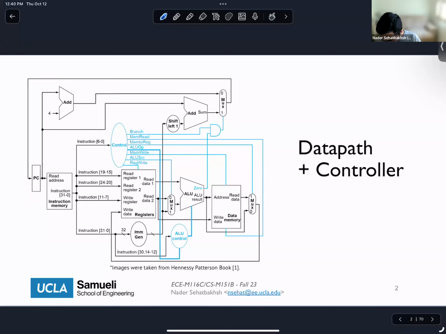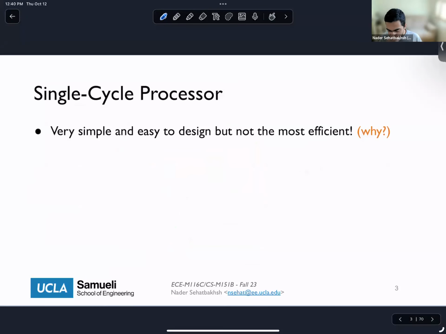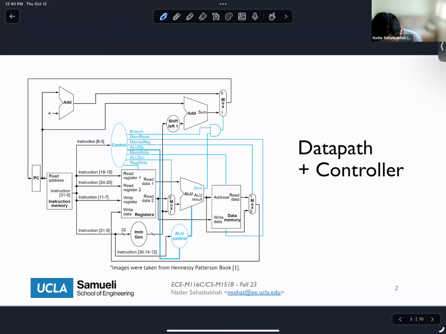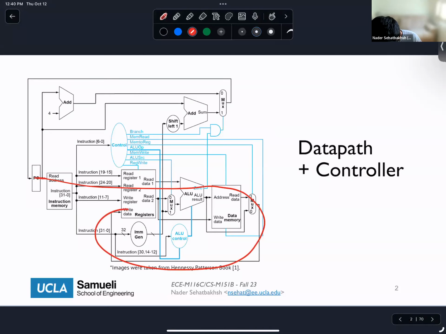So this is our design, and we call this a single cycle design, okay? As I said, the single cycle means that once a new instruction comes, I'm going to wait until the values get updated. I'm going to calculate this delay, and I need to make sure that the clock cycle that I'm using is bigger than this delay, okay?